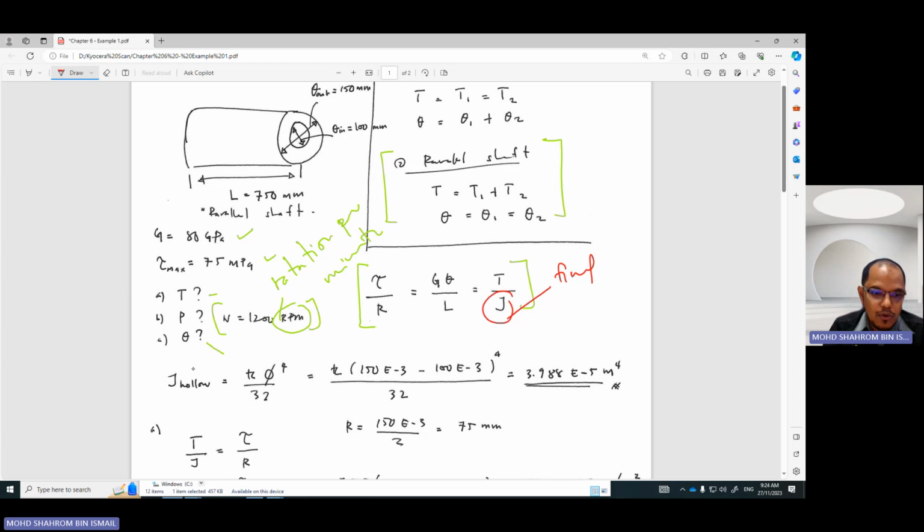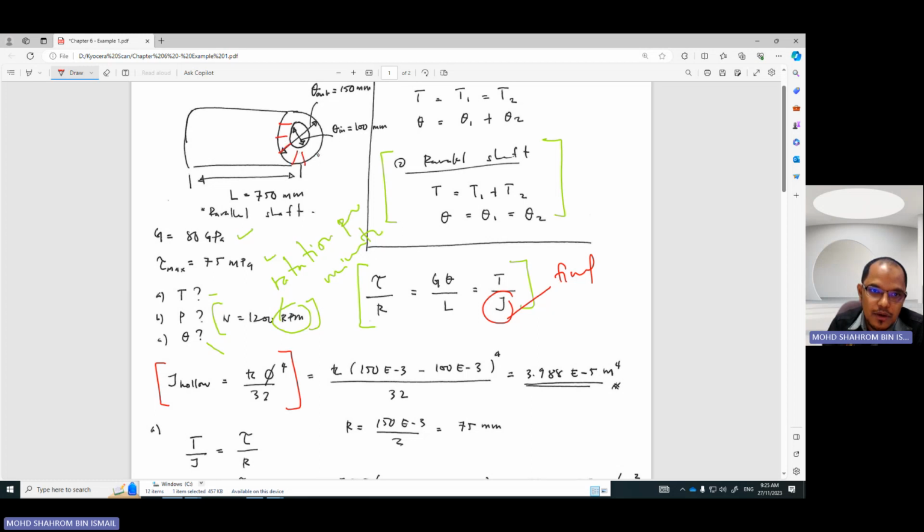Untuk J ni kita tahulah J ni hollow kan. Jadi formula dia ialah pi d power of 4 over 32. Ni formula J. And since the shaft is hollow, so we know that we're going to subtract or minus between the diameter in order to get this area.